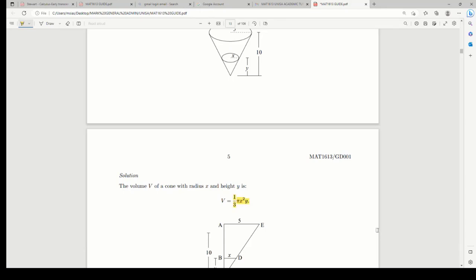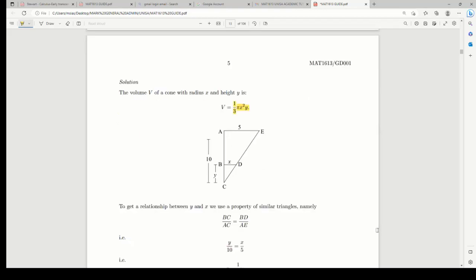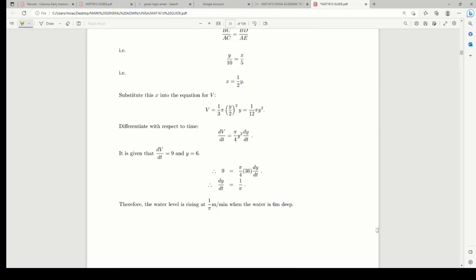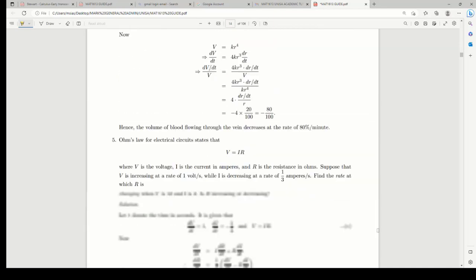Here we denoted the height as y, and the radius is x in this case, that I marked yellow. And then they just use the fact from similar triangles from high school geometry, where BC over AB is BD over AE. You guys would have encountered it. So here and there you have to use some memory and ingenuity to resolve the problems.